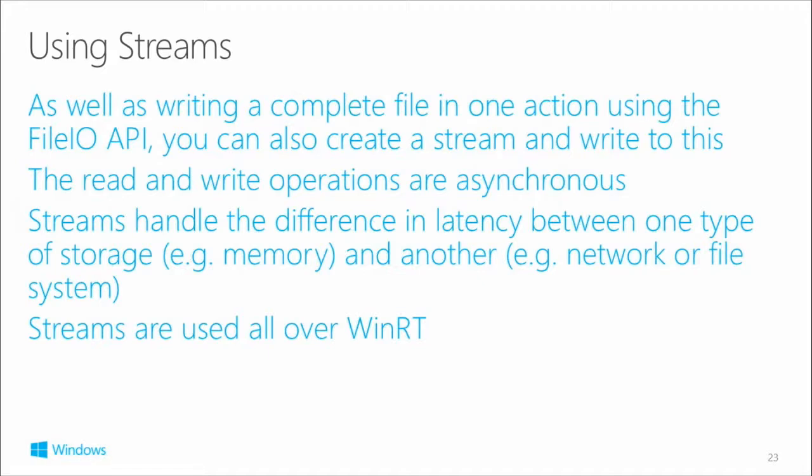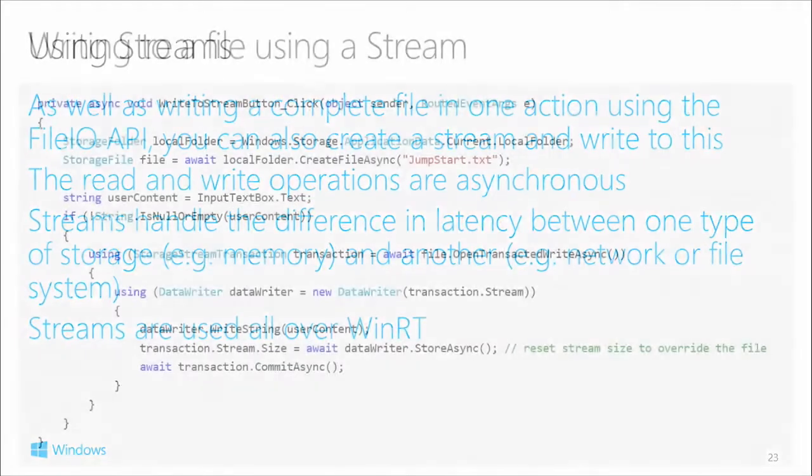So we found it's important to help developers understand that storage file and storage folder are the analogs of path names and not file handles. Streams are the analog of file handles. So when we have an open stream, the file is open; having the storage file does not hold the file open. The FileIO and PathIO APIs encapsulate the open and close. So you don't see it here, but you do see it with the streams.